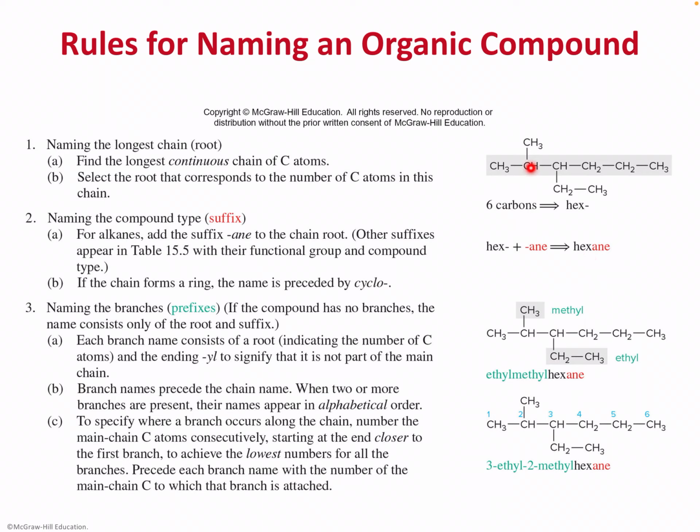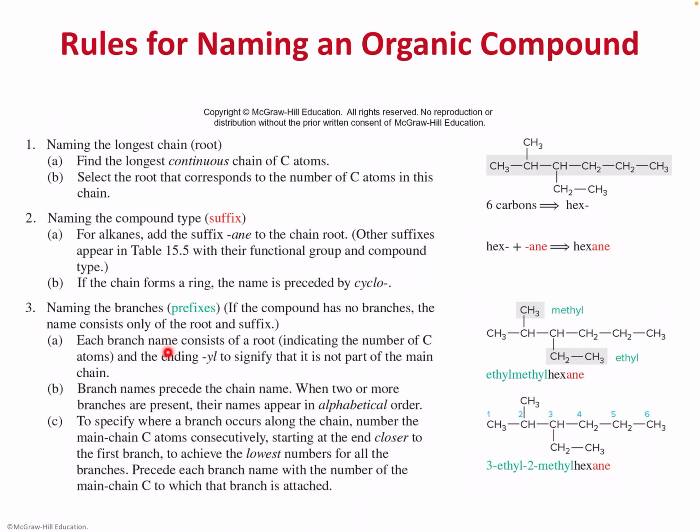And you can also see in this hexane there is a branch or a group attached to this carbon, and this group is attached to this carbon. They are going to be your prefixes, naming the branches. If the compound has no branches, the name consists only of the root and the suffix.